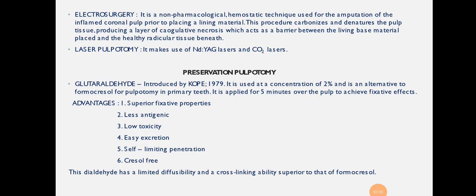It has a range of advantages: superior fixative properties, less antigenic, low toxicity, easy excretion, self-limiting penetration, and it is cresol free. This dialdehyde has limited diffusibility and a cross-linking ability superior to that of formocresol. Hence it can be used as an alternative to formocresol pulpotomy.